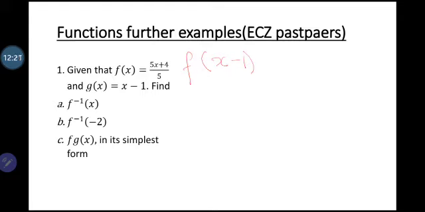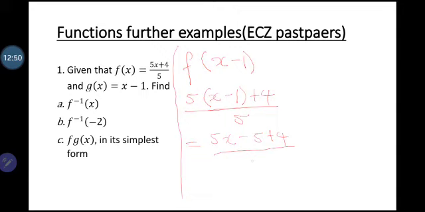So in the function f of x, where there is x, what we have now is x minus 1. So we're going to have 5, we open our brackets, where there is x, we have x minus 1, plus 4 over 5. So that we can have 5 times x is 5x, 5 times negative 1, it's negative 5, plus 4 over 5.